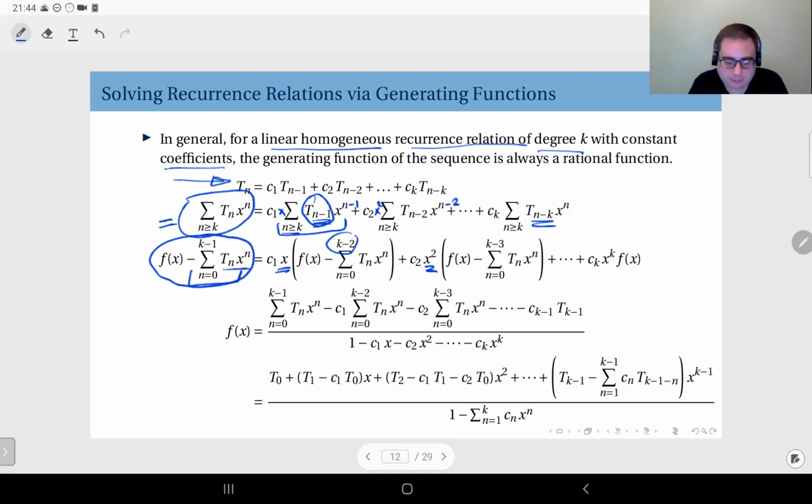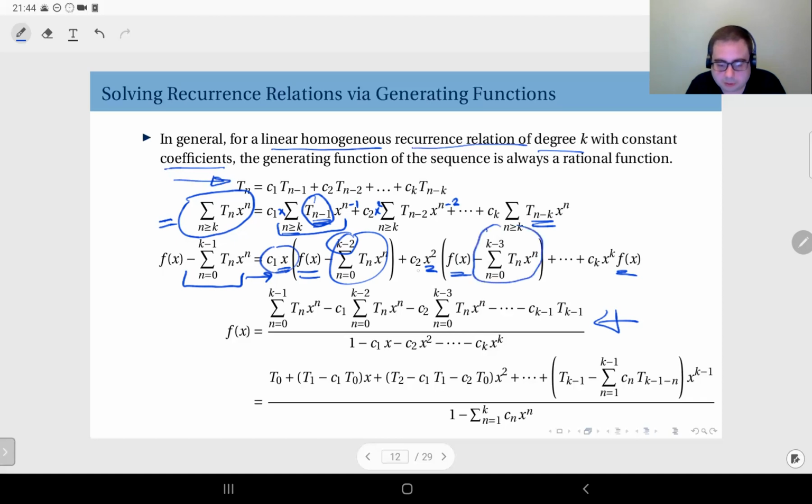And then what you do is you put this term to the right-hand side and pull all the f of x terms to the left-hand side, and then solve for f of x, and this is what you get. All these terms, this term multiplied by c1 times x, and this term multiplied by c2 times x squared, etc. This is what you get.